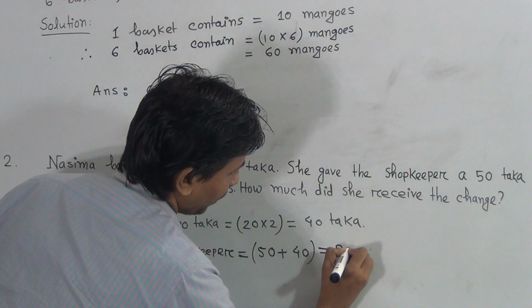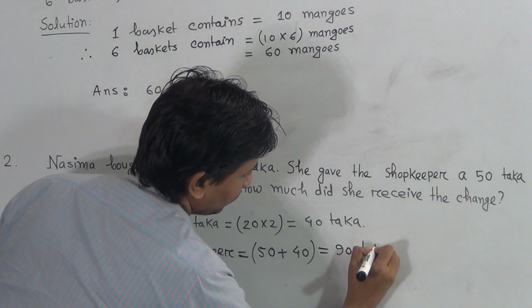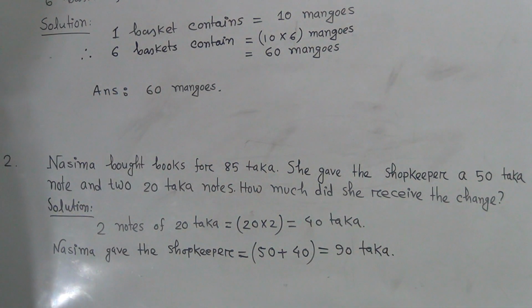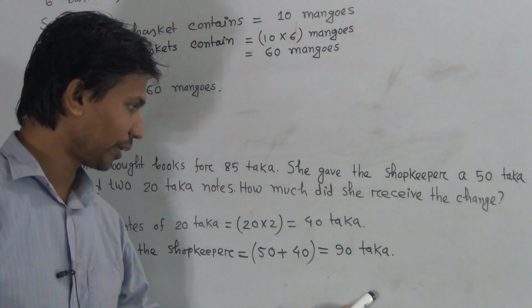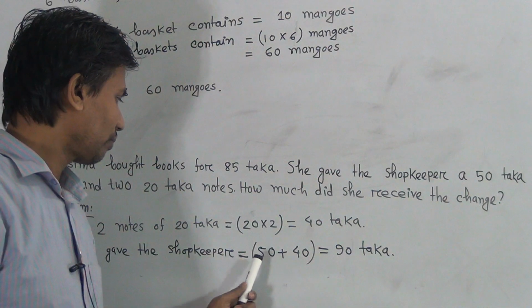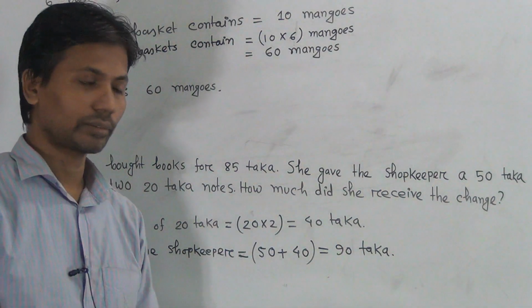Equal to 90 taka. 50 taka plus 40 taka, this is equal to 90 taka. You can easily calculate: 0 and 0, 5 plus 4 equal to 9.